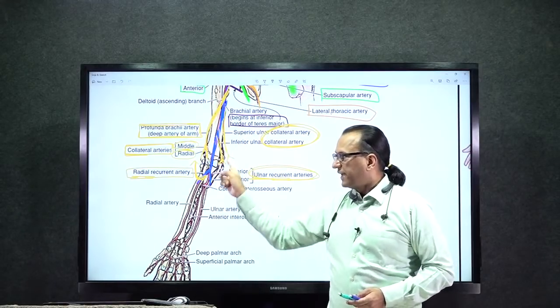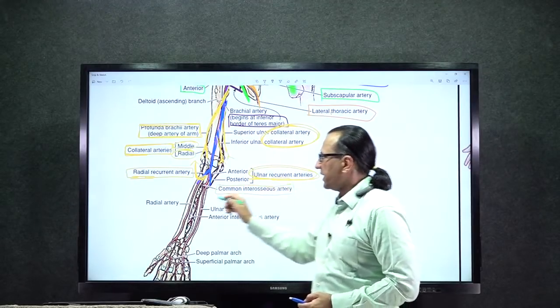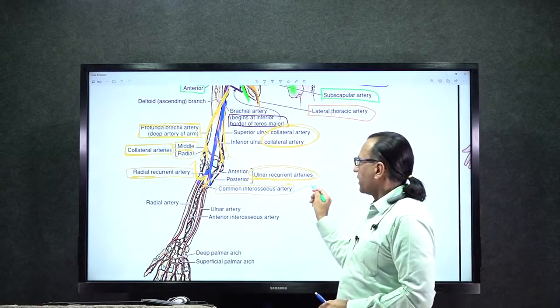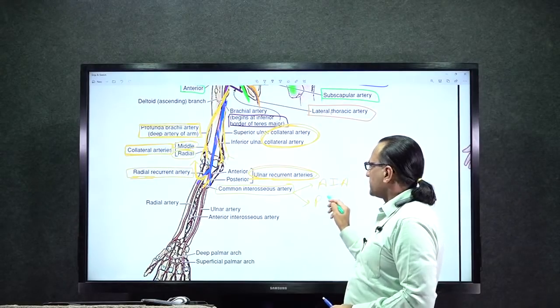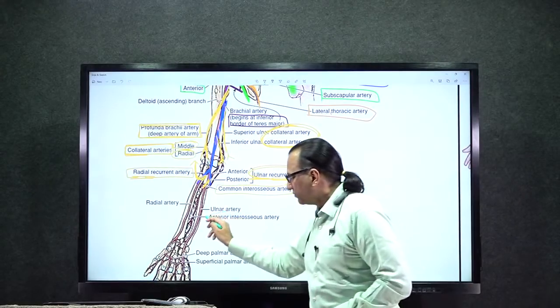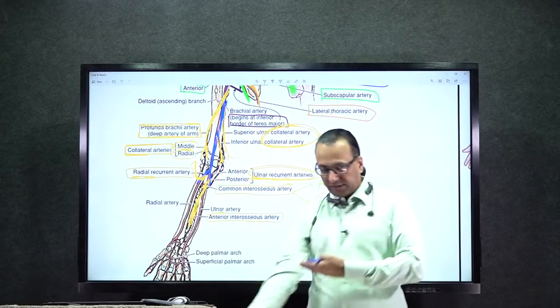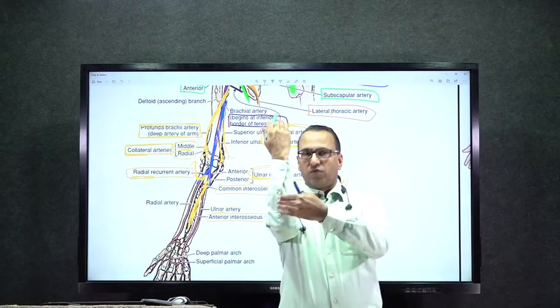Ulnar artery is now giving us common interosseous artery, and this common interosseous artery divides into two, anterior and posterior interosseous artery. Now anterior interosseous artery you can see here because it is running anterior to the interosseous membrane, but posterior interosseous artery will be seen in the posterior forearm.